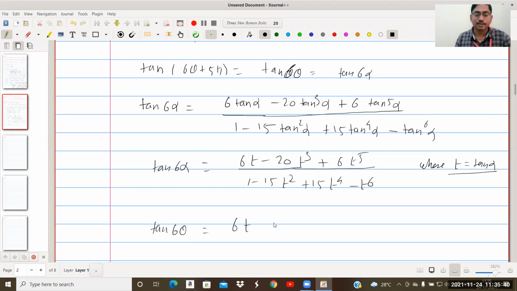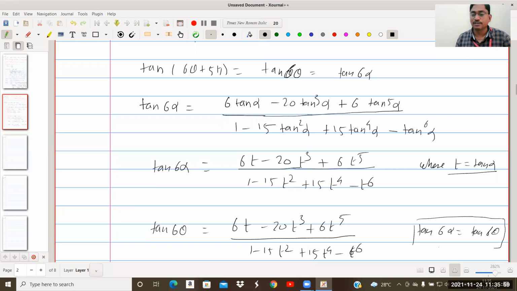So 6t minus 20 t cube plus 6t raised to 5 divided by 1 minus 15 t square plus 15 t raised to 4 minus t raised to 6. I am putting tan 6 alpha as tan 6 theta. And there are total 6 values of this 6 theta satisfying these equations.